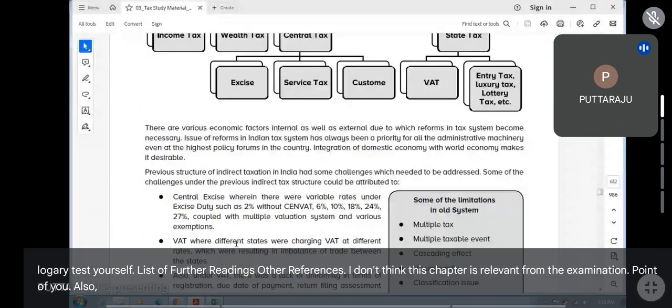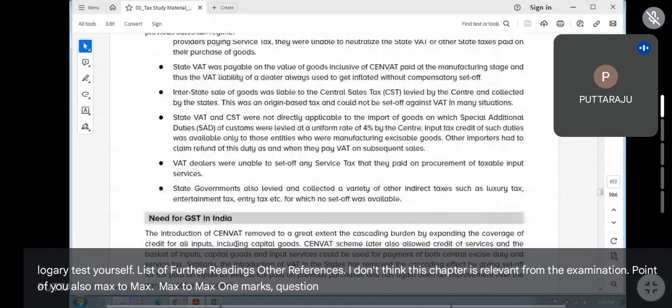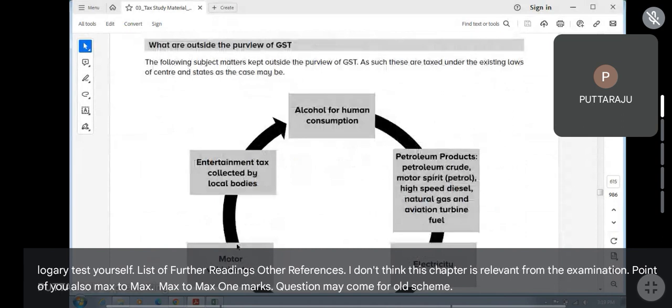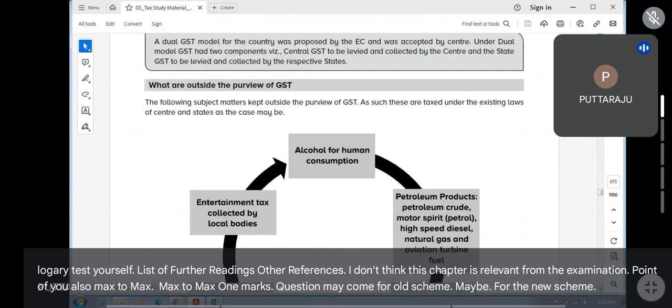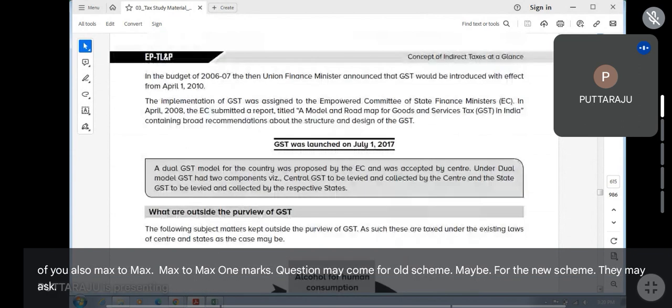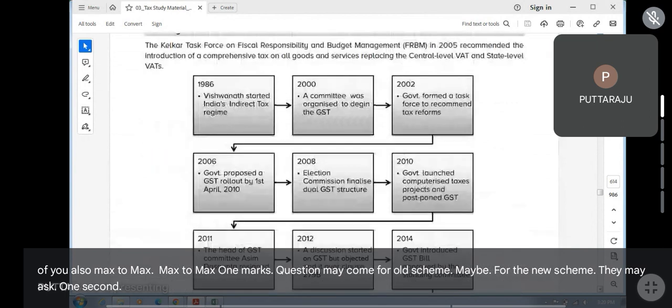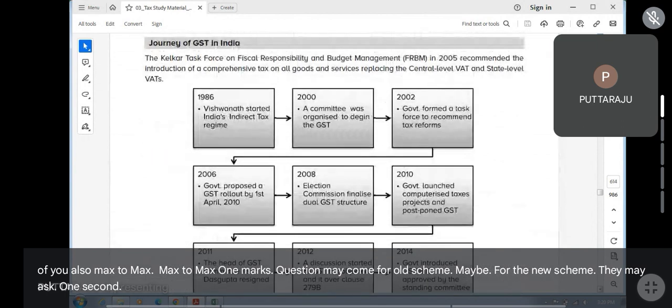At most, a 1 mark question may come for the old scheme. Maybe for the new scheme, they may ask.